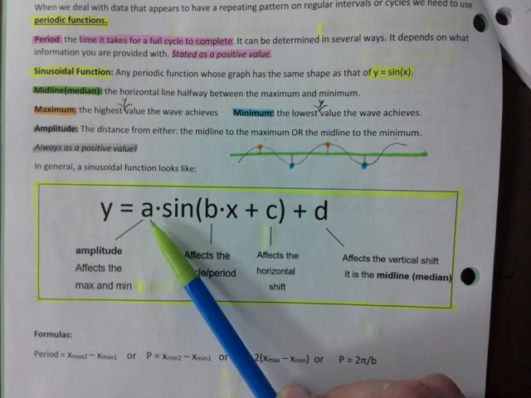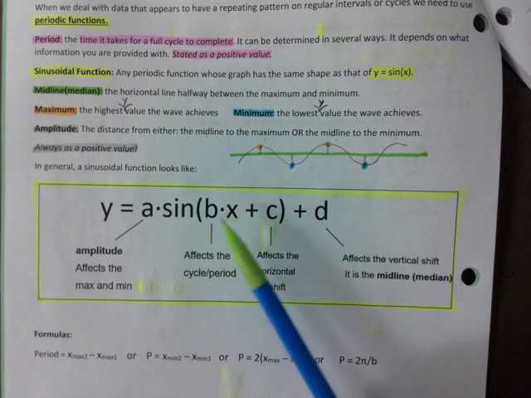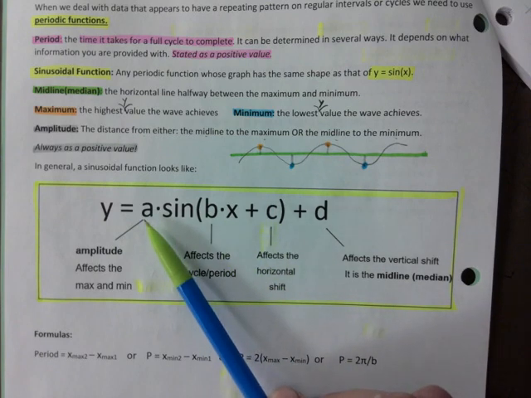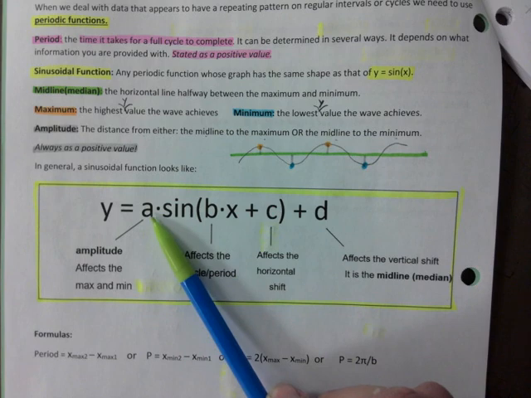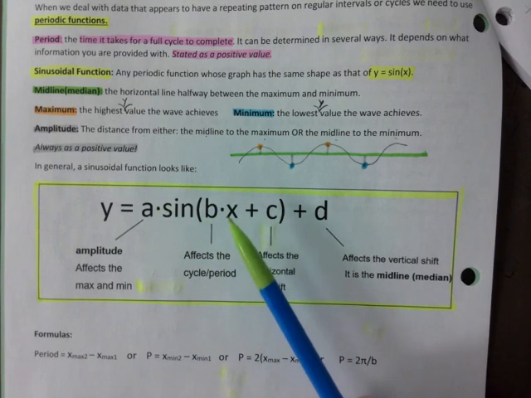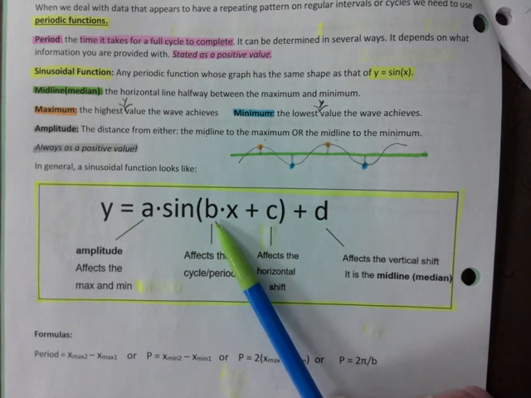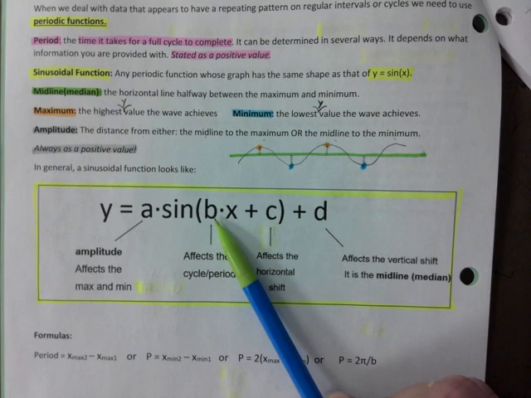Just keep in mind that A, B, C, or D could be absent. Except, sorry, A has to be there. It can't be 0, because if A is 0, all of this is 0. But you could have some other ones missing. B cannot be 0 either, because then X would be gone.